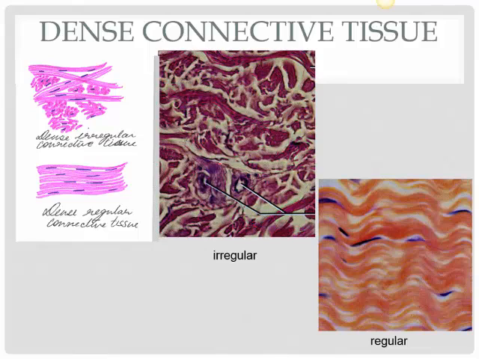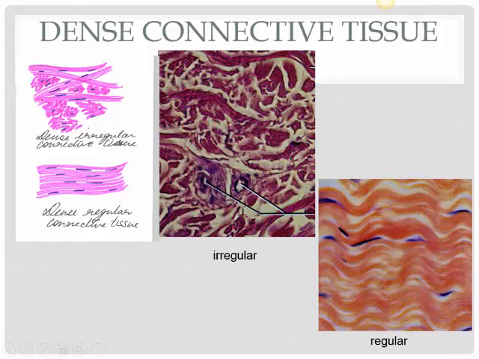Now, compared to loose connective tissue, let's look at dense connective tissue, where it's more compact. Here in dense connective tissue, the fiber bundles are more compactly arranged. They could be arranged in a regular pattern, meaning all the fibers run in one particular way, or the fibers could run in a haphazard direction.